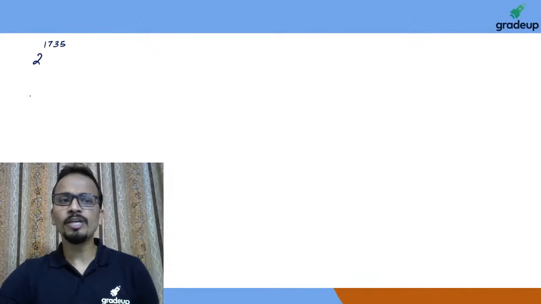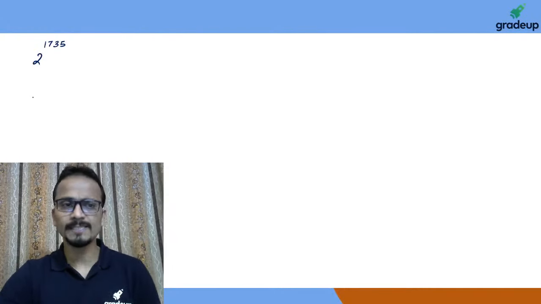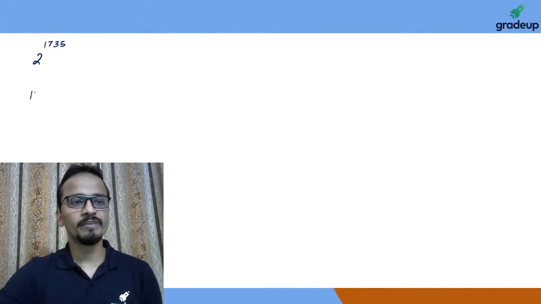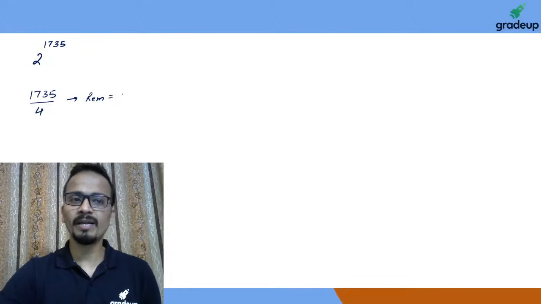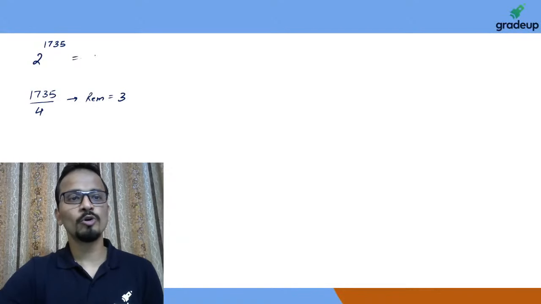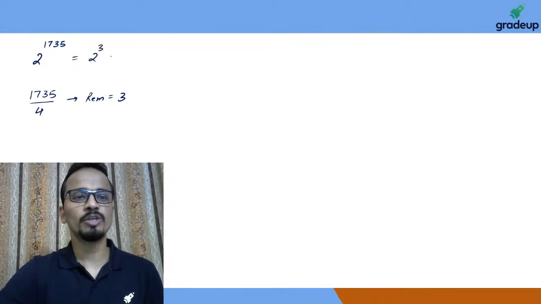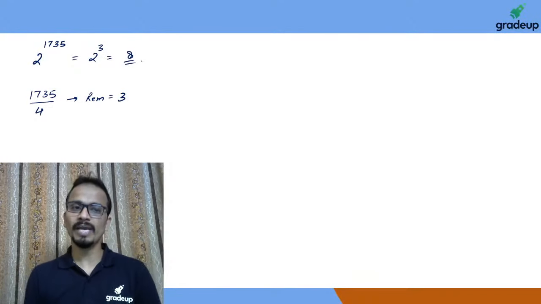Since we already know that the cyclicity of the unit digit for the powers of 2 is 4, I'll straight away divide the power 1735 by 4 and calculate the remainder. Now the remainder in this case is equal to 3 once again. So your answer will be 2 raised to the power 3. Calculate the unit digit and it will be equal to 8.